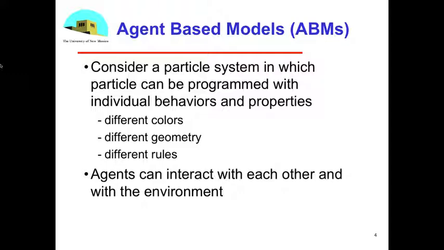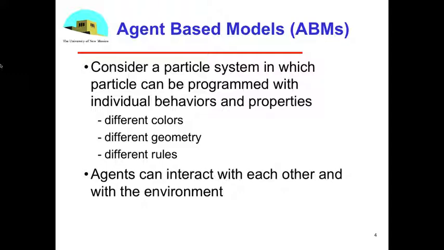So you have a bunch of rules that affect their behavior, and so they're interacting with the environment. In the case of something like a predator-prey problem, the rabbits have to eat grass, and so the environment, the background in the graphical sense, could represent grass, and so you have this complex interaction going on between three different entities.